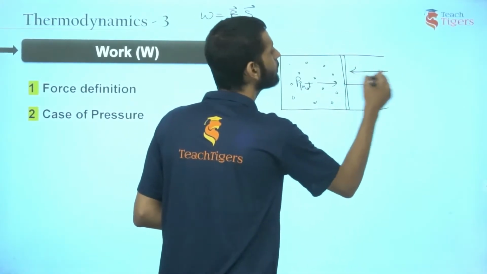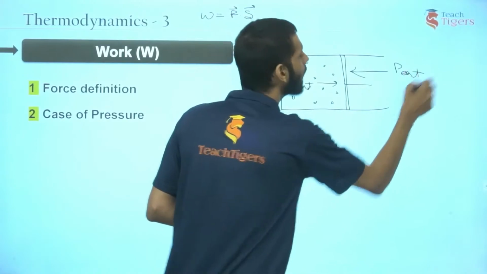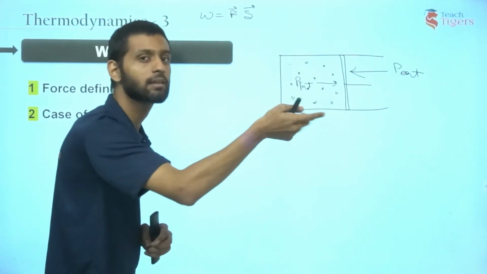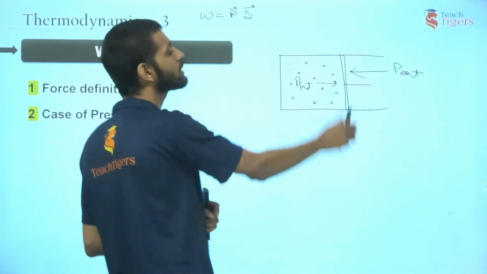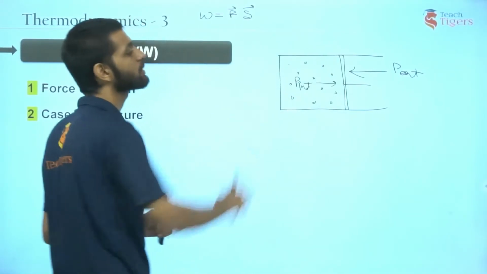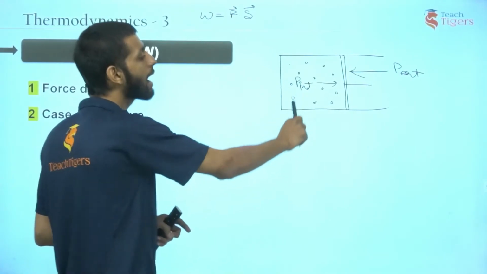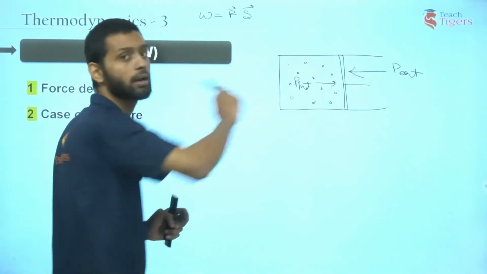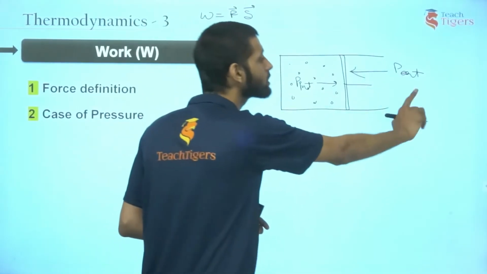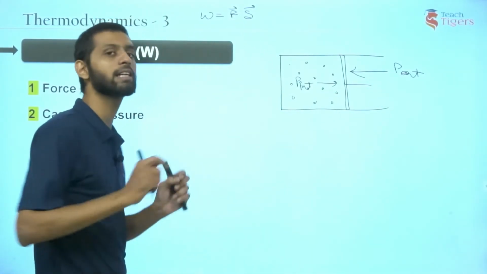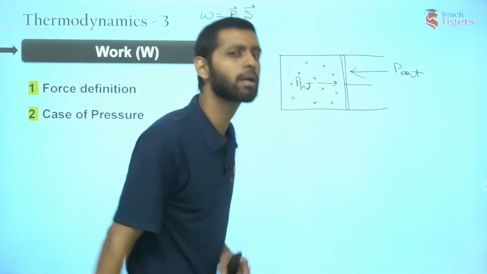And I also have P external, since outside there is also some gas present. Now, if this piston is not moving, which is higher, internal or external pressure, or are they the same? If the piston is not moving, then internal pressure is equal to external pressure. That is called the state of equilibrium.